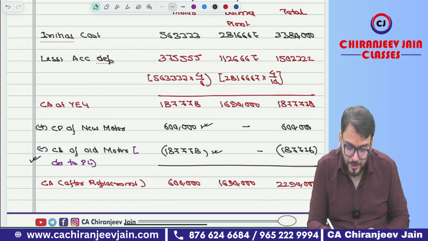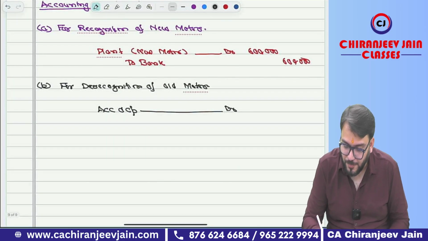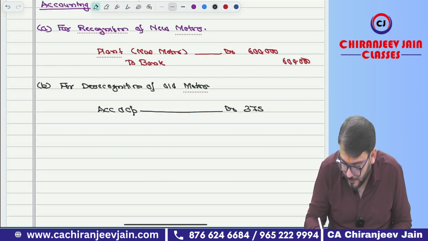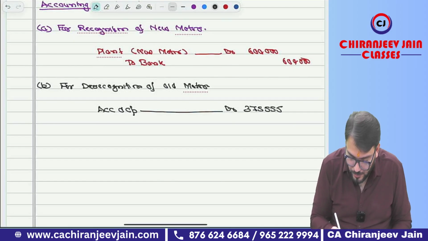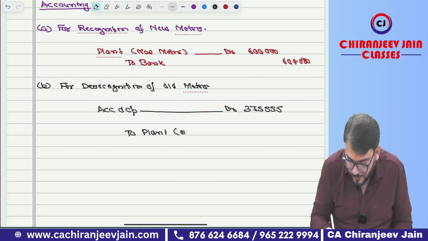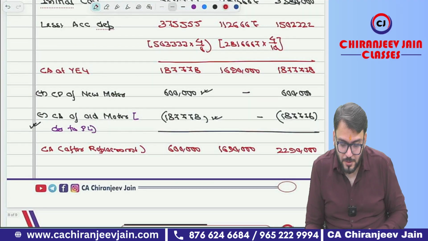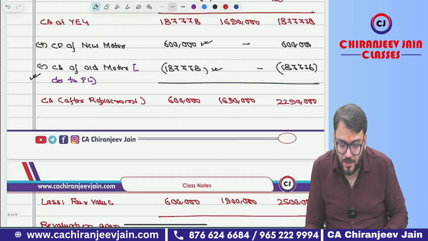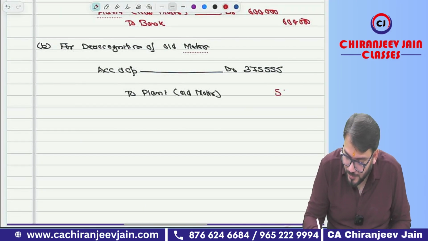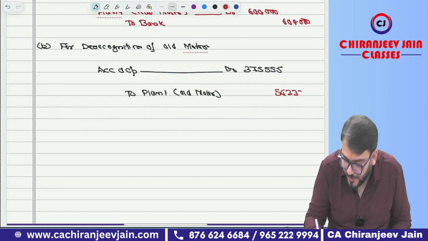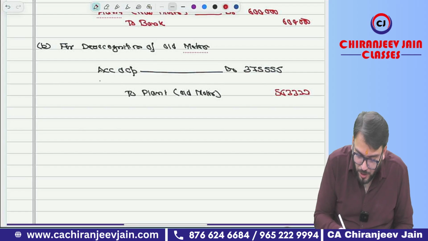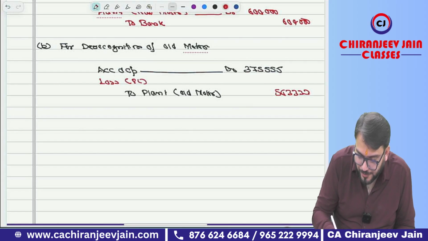What is the accumulated depreciation? 3,75,555 to plant, old motor. This is only for your understanding. It is not required in the question. So it is 5,63,333. And the difference will be loss. Loss on derecognition transferred to PL.